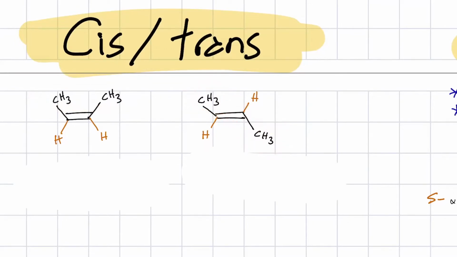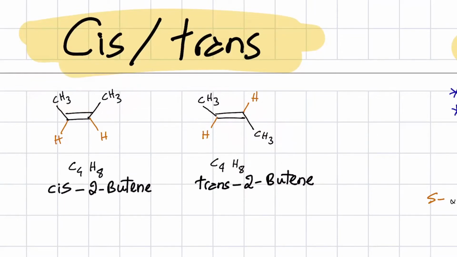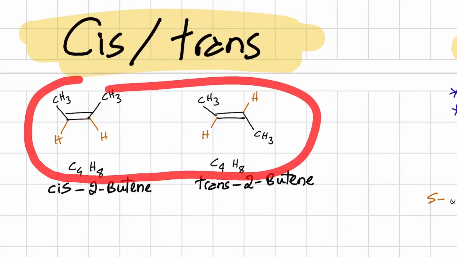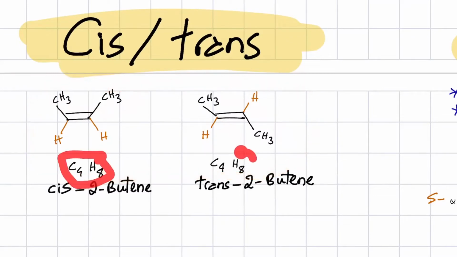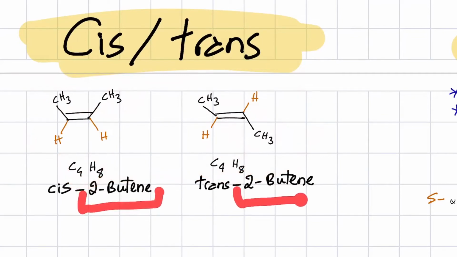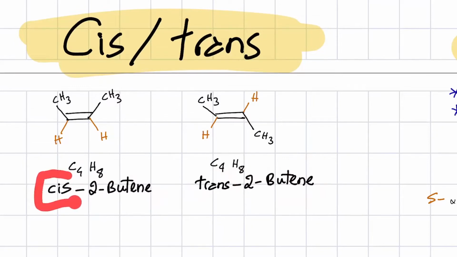So for naming, we'll see that both have the same molecular formula, C4H8, but for the naming, 2-butene doesn't change. The only thing that is different is those little words in the front of the name, cis and trans.